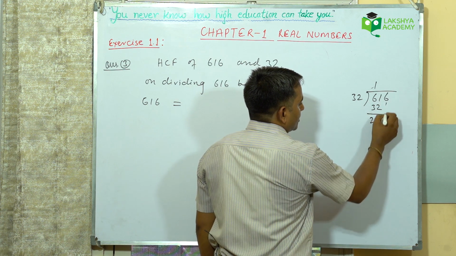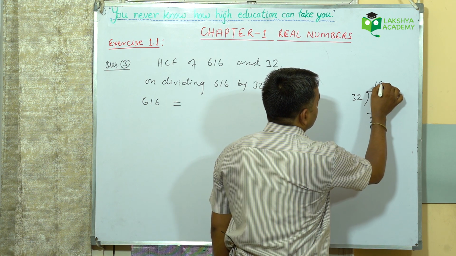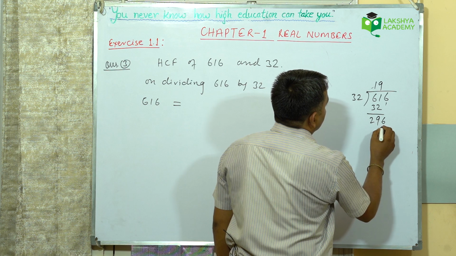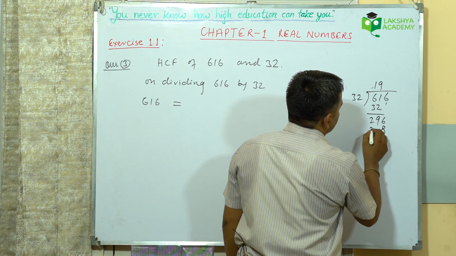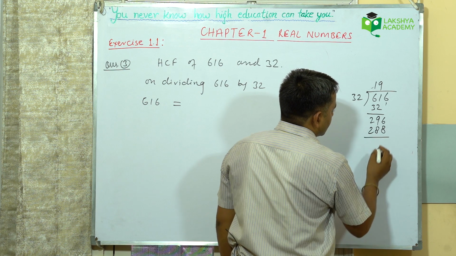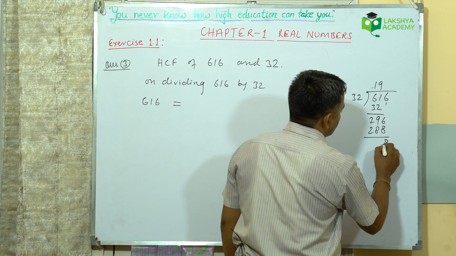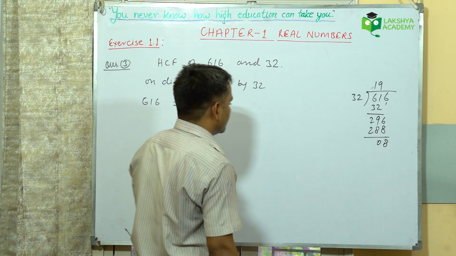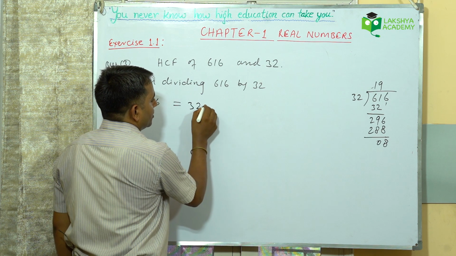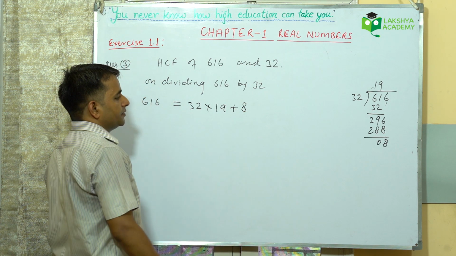So it will not go, carry 6. So this will be 9 times. 9 2s are 18, 288. So now 8 and 0. So 8 is the remainder now. So this is 32 into 19 plus 8.